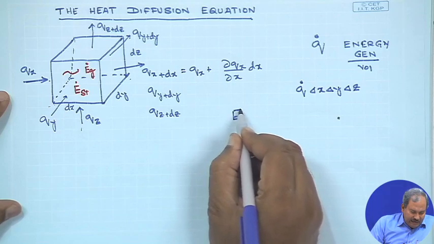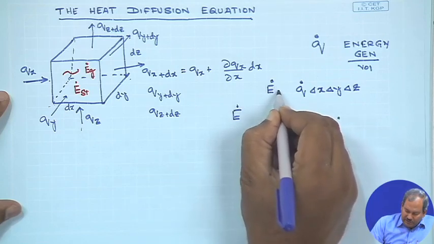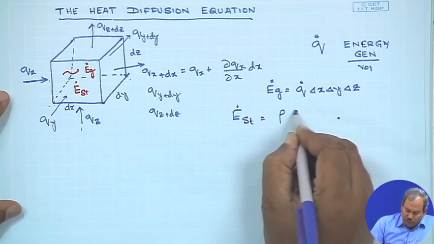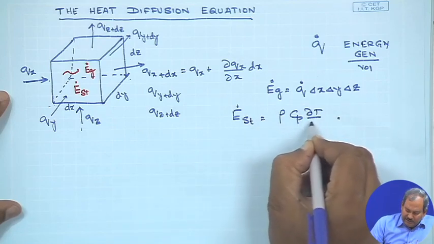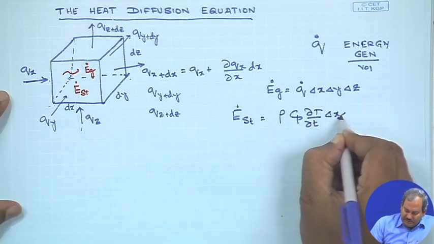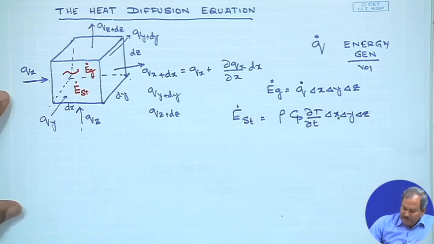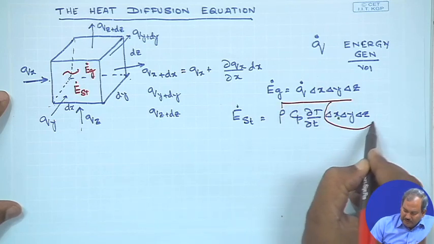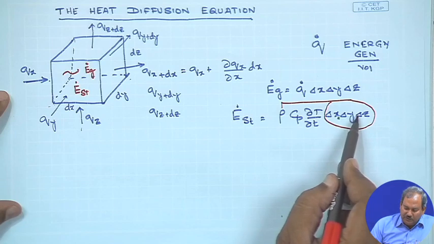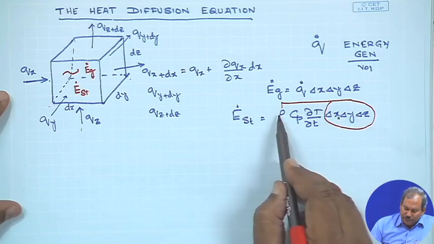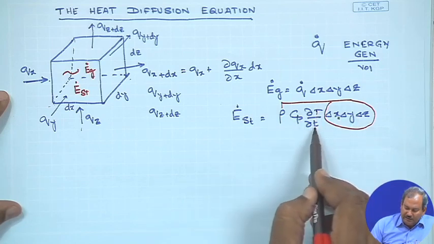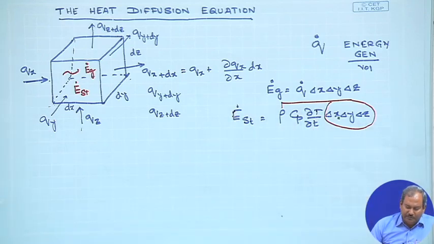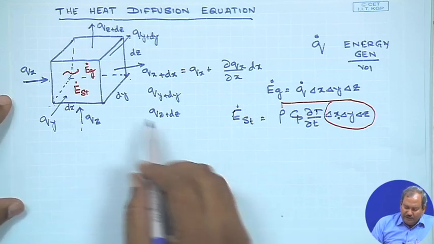So, this would be equal to E dot G, energy generated, and E dot stored would be equal to rho Cp del T by del time del x, del y, del z. Because rho times del x, del y, del z is simply equal to the mass of the control volume. So, m Cp del T by del time is the time rate of change of energy stored in the system. You can see it in any textbook.